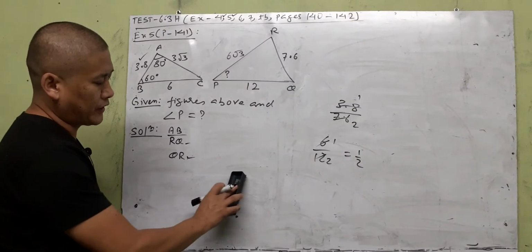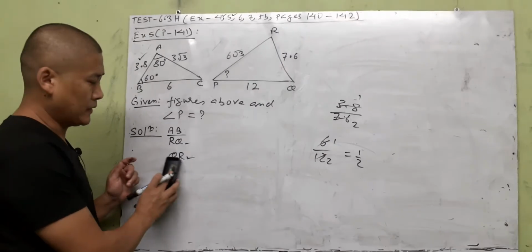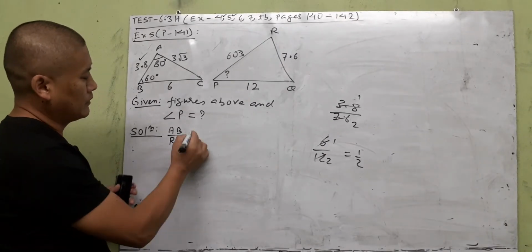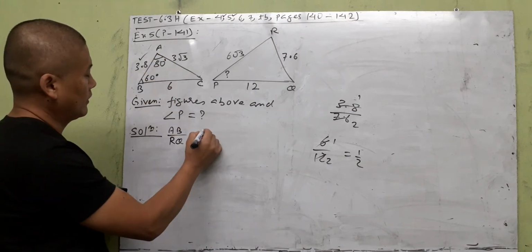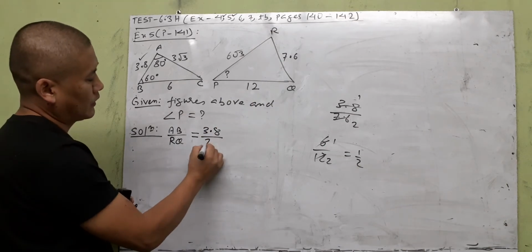It's the same thing. Writing the 3 letters of the triangle has to be in the correct position, but for sides, second and third order is the same, okay? So the value is 3.8 and here 7.6.